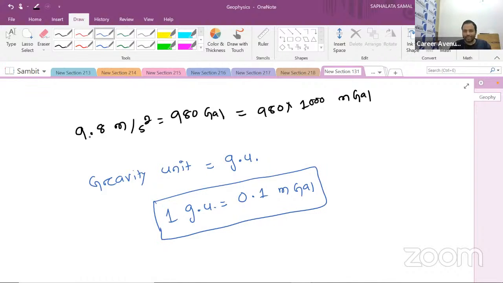Now your job is to find out this 9.8 meter per second square is equal to dash GU. This is your job to find out. Pretty much easy, though. You can solve this.